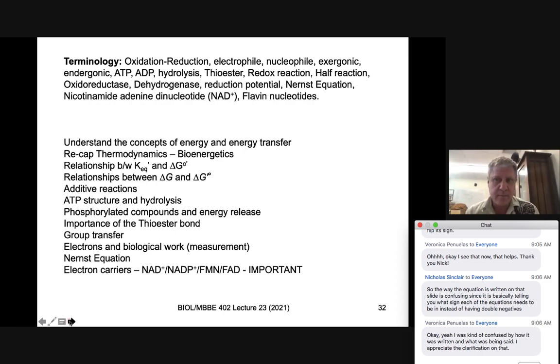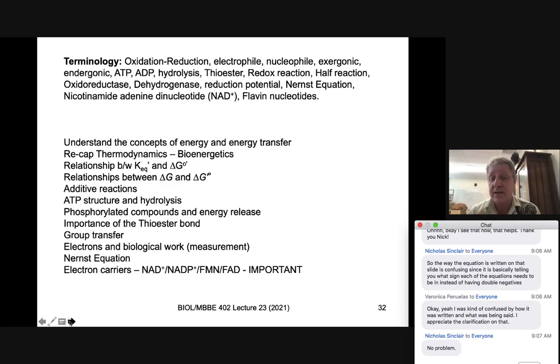The issue about the ATP hydrolysis and how we can hydrolyze certain aspects to produce different moieties, which will give us energy later on, such as the pyrophosphate, and then group transfers, and then also the Nernst equation, as well as the electron carriers. These are all very important.